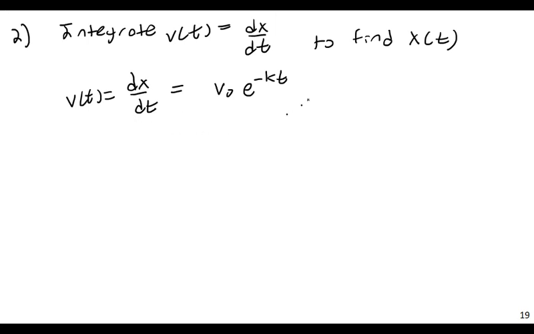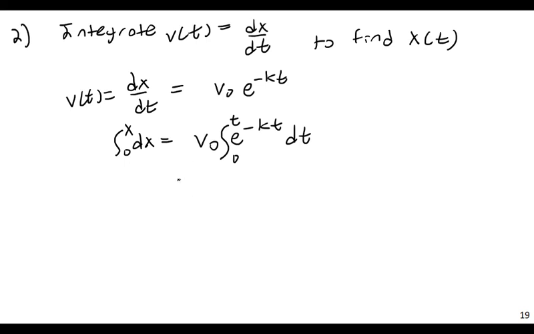And so I'm going to bring the dt over here, and dx equals v naught e to the negative kt dt. And v naught is a constant, so I can bring it out of the equation. And then I can integrate both sides. This one from 0 to x, and this one, oh, sorry, I'm going to put the integration sign here. Again, I can leave v naught out of it because v naught is simply a constant value. And I'm going to integrate this one from 0 to t.